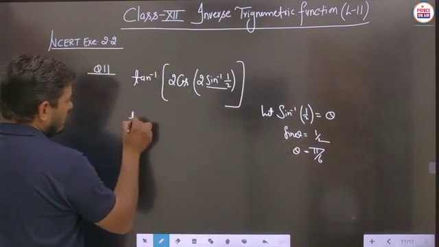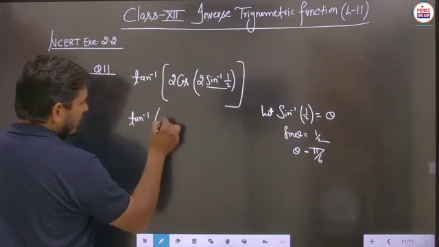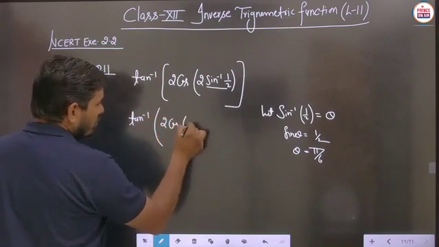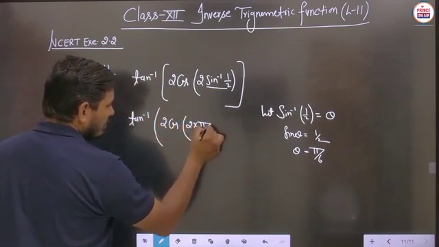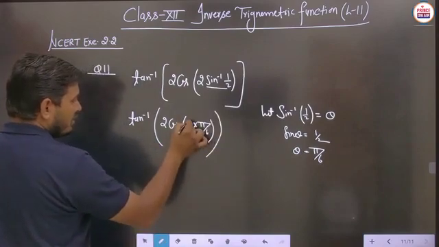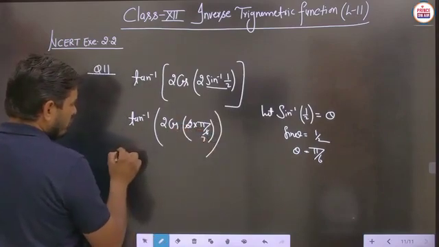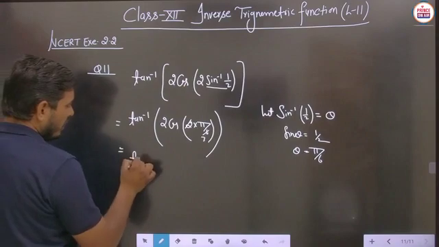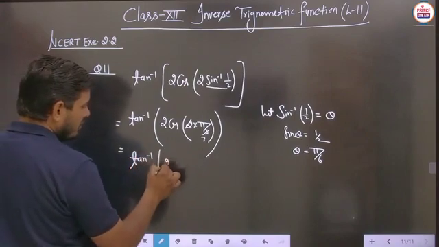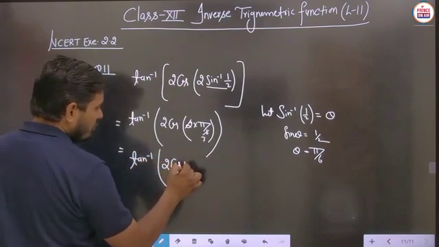Now this expression gets converted to 2 cos of 2 into pi by 6. Is it clear? Now 2 times pi by 6 is pi by 3. So the expression becomes tan inverse of 2 cos pi by 3.